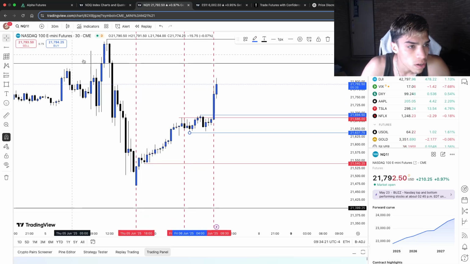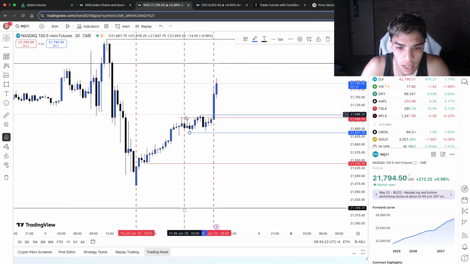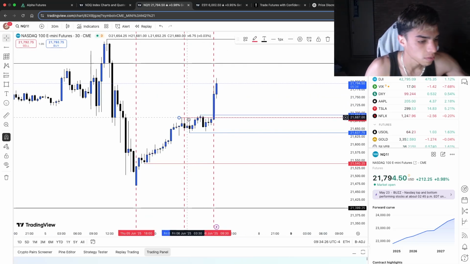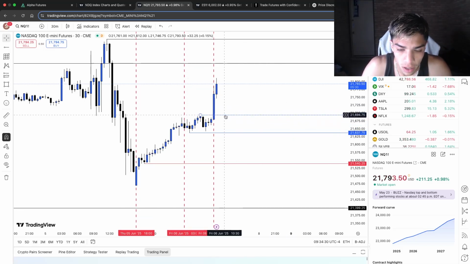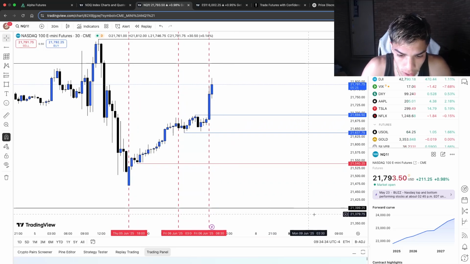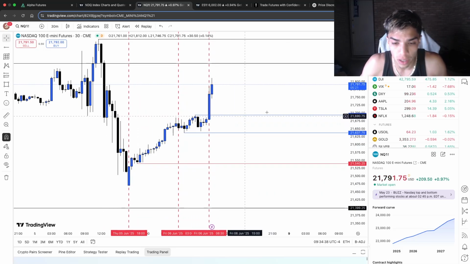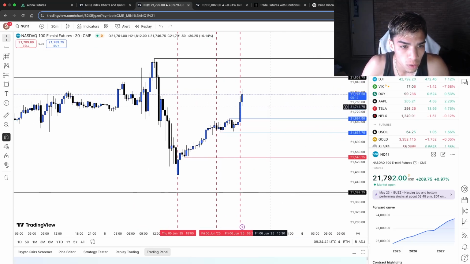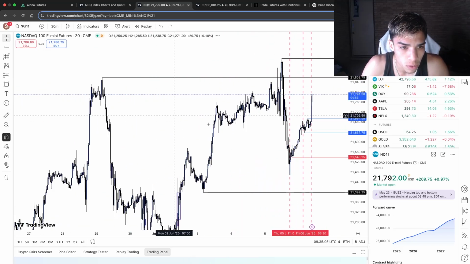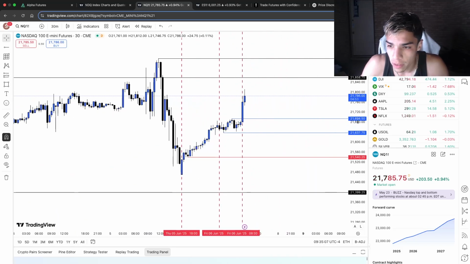So we can get rid of these Asian session highs right here because it got swept out by the London session highs. Okay, so market opened above the London session highs. As you can see here, we got our previous day's key levels ready for take profits.